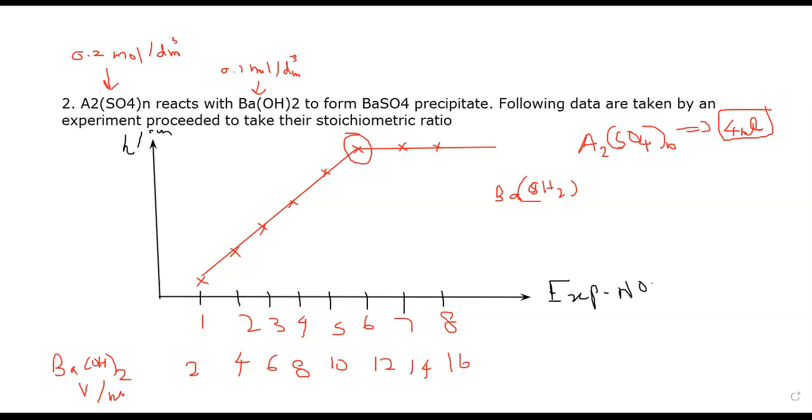So we're trying to find the concentration. Wait, I'll give you the questions. Question number 1.